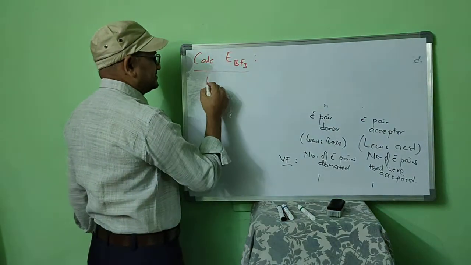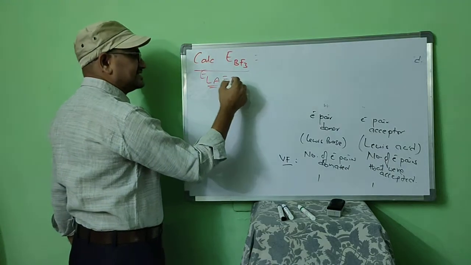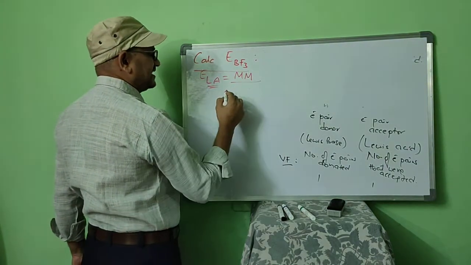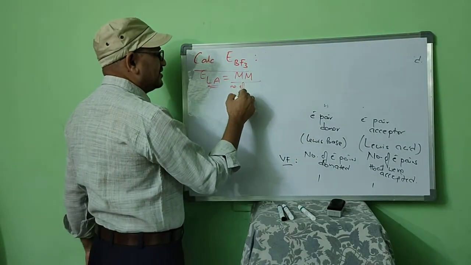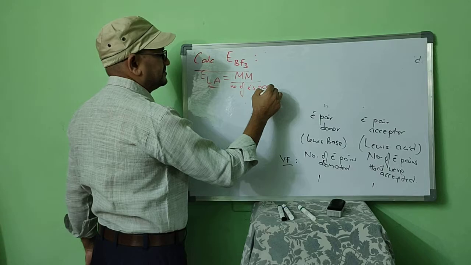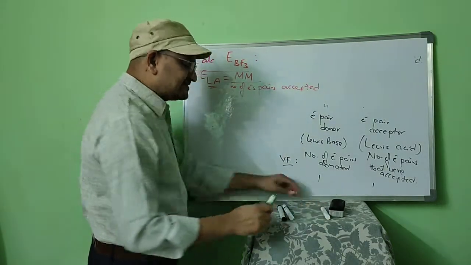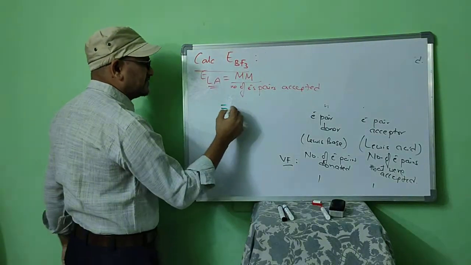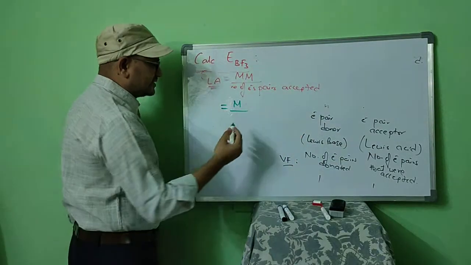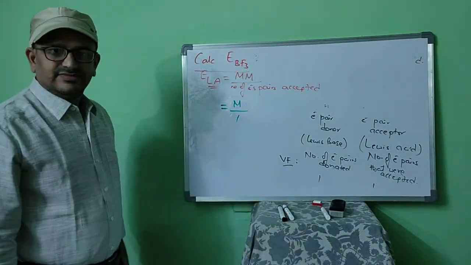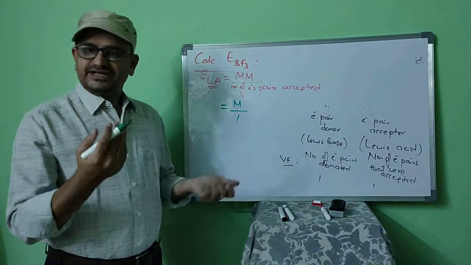As boron trifluoride is a Lewis acid, equivalent mass of a Lewis acid is molar mass of the Lewis acid by its valency factor. What is the valency factor of a Lewis acid? Number of electron pairs accepted. How many electron pairs were accepted here in case of boron trifluoride? Let the molar mass be M, it is accepting one electron pair, as we just noticed, so M by 1. Understood?